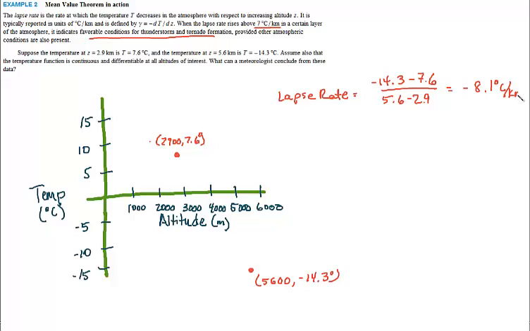So we know that the lapse rate has risen above this 7 because it's changing at a greater rate than that. By the mean value theorem, I know that this is occurring at other places. I know that this might have happened in a linear fashion, but it might have also done something like this as it went from one place to the other.